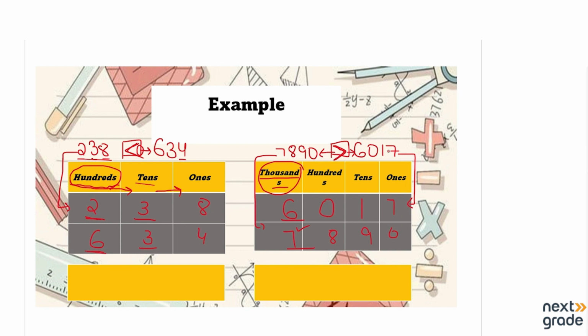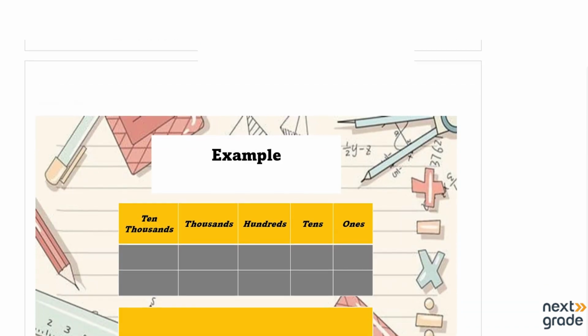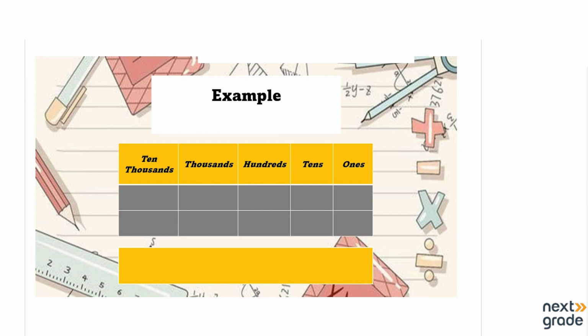Okay, let's move to another example in which we are going to use 5-digit numbers to identify which number is the biggest and which is the smallest. Take the example 2, 3, 7, 6, 5, and we have to compare this with the number 1, 2, 7, 8, 9.